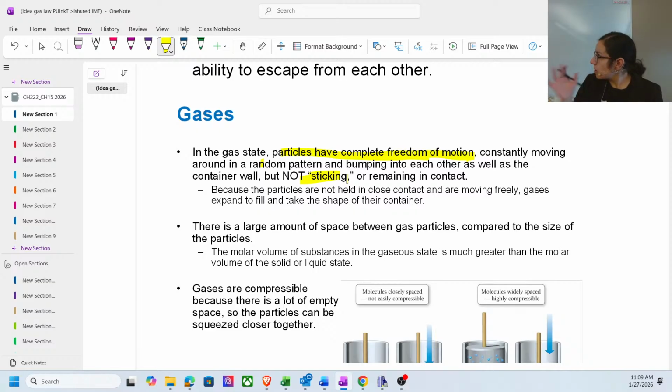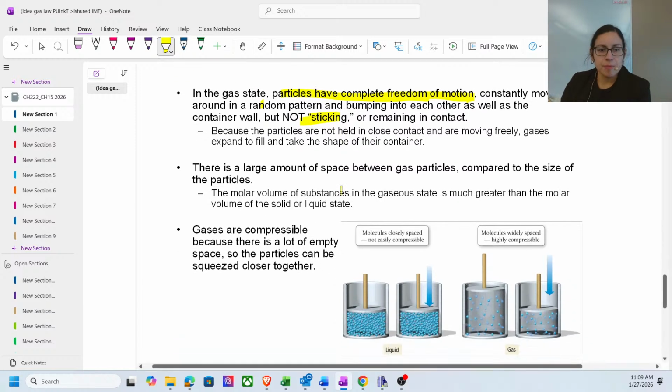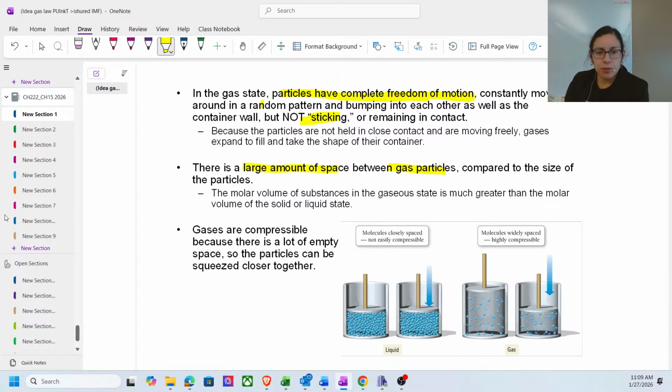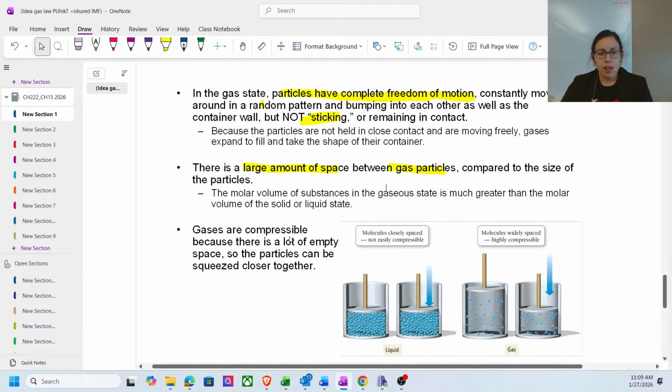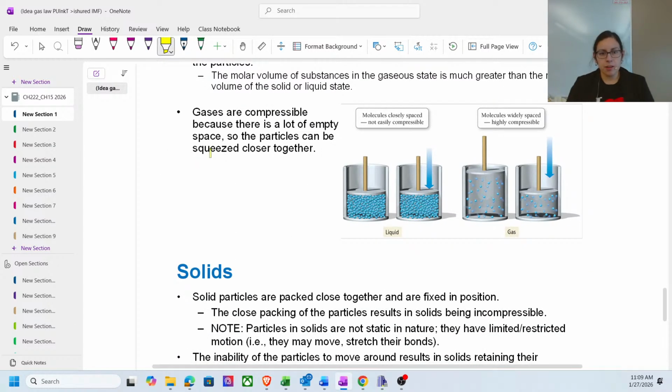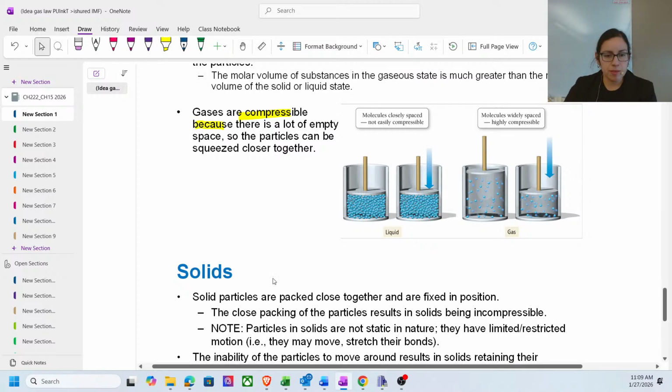That's where we have deviations between real gases and ideal gases, is how much sticking they are really doing. In the gas phase, we're assuming they're not really interacting. Relatively speaking, there's a large amount of space between our gas molecules, and gases are considered compressible with that large amount of space.